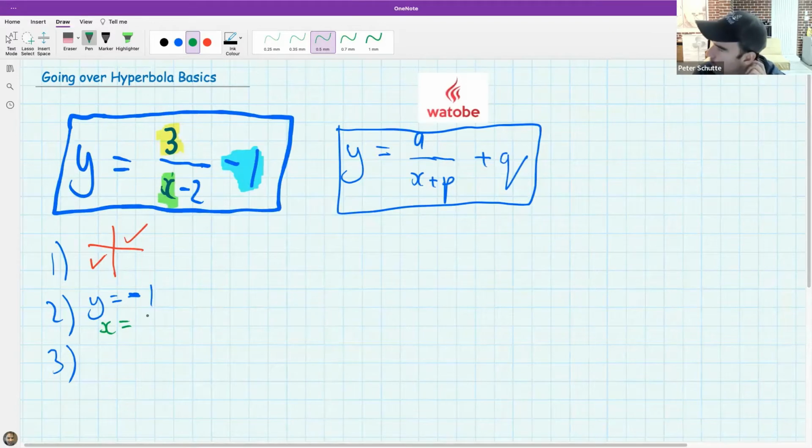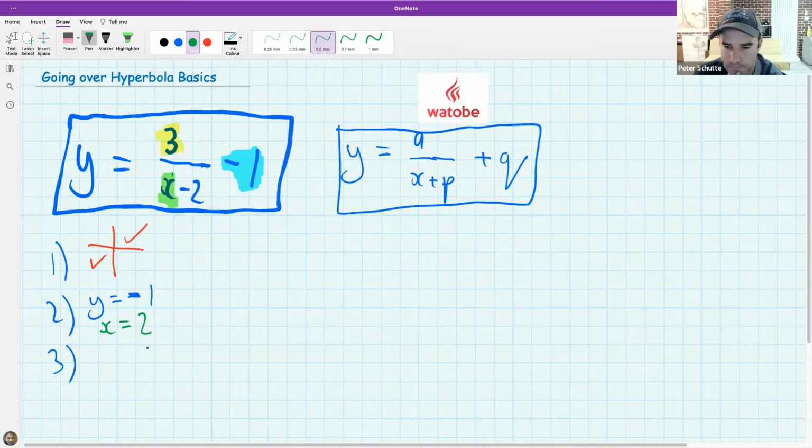I was talking about this a little with parabolas: when we deal with the x, it always goes to the opposite thing. So if it's a -2 here, it will be a +2. Or another way of saying it is: what number would cause division by 0? If I put a 2 in here, 2 minus 2 is 0, and that's not a good thing. An asymptote occurs in the place where that happens.